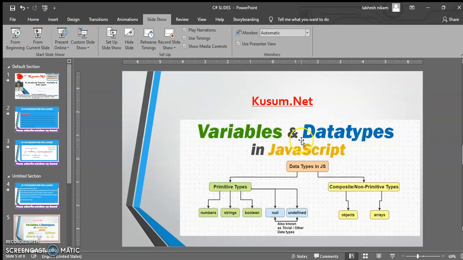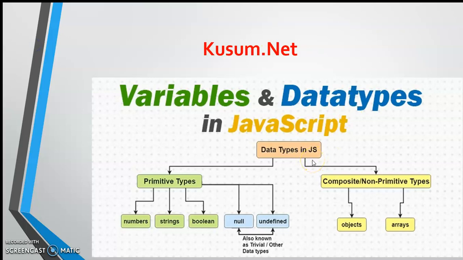How many variable and data types are there? Data types are of three types: primitive types, other data types, and composite or non-primitive types. In composite or non-primitive data types, there are objects and arrays. In other data types, there are null and undefined. In primitive data types, there are numbers, strings, and boolean.